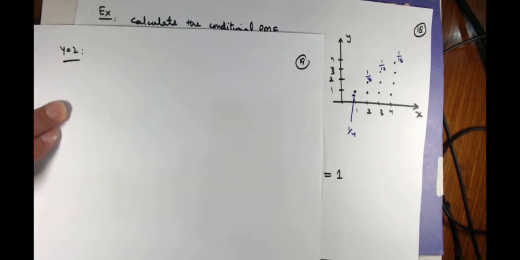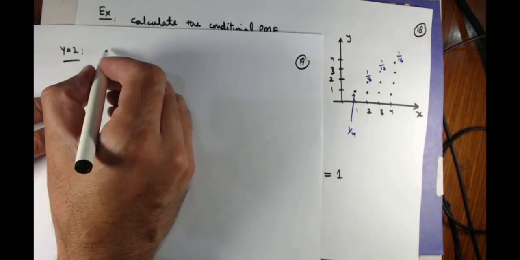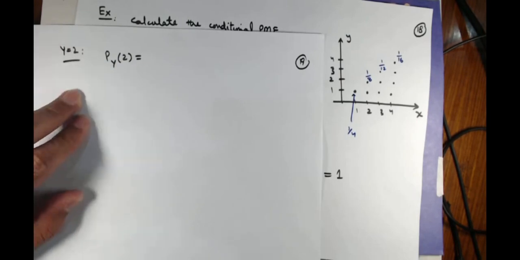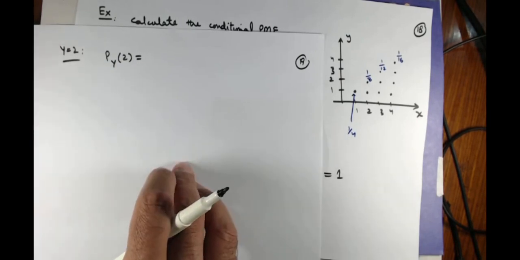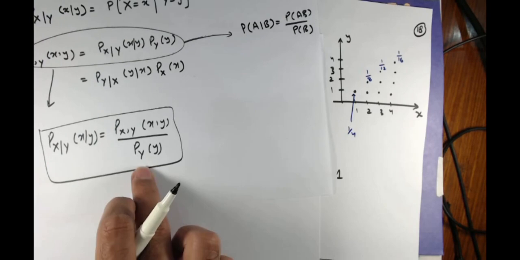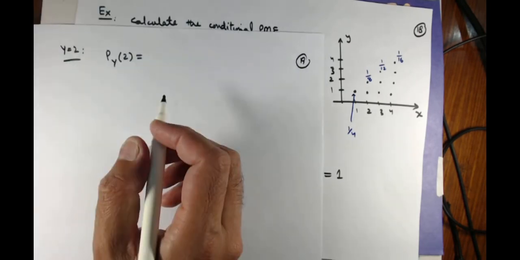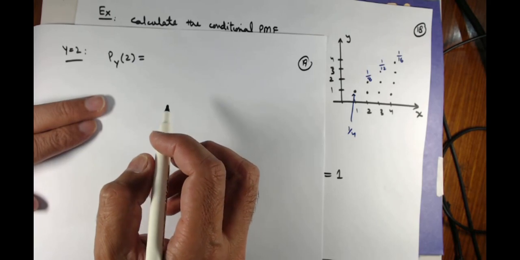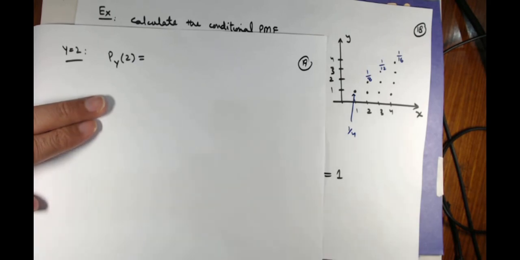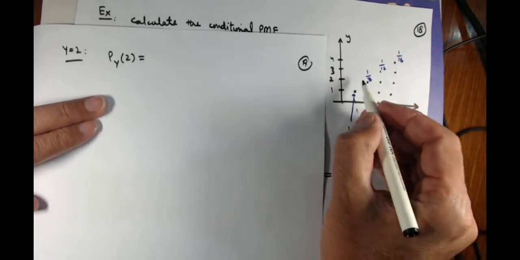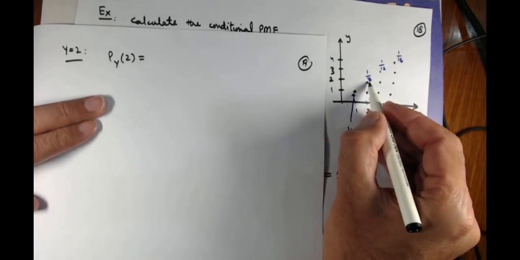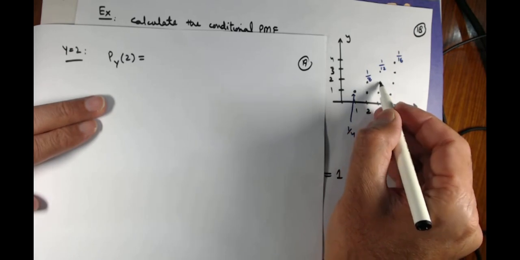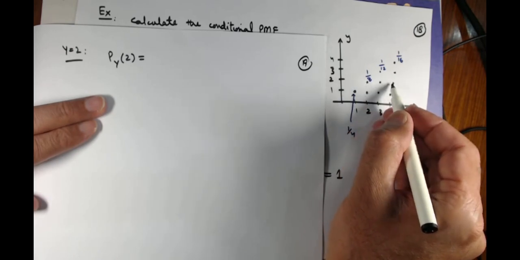So for Y is equal to 2, first we have to find P sub Y of 2, the common denominator, because the formula says you have to have a common denominator here. So what is P sub Y of 2 here? Which means the probability that Y is equal to 2 and whatever the values of X. So for Y is equal to 2 we have these 3 intersecting values of X with probabilities 1 by 8, 1 by 12 and 1 by 16.